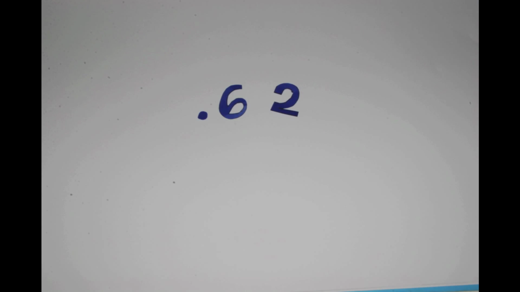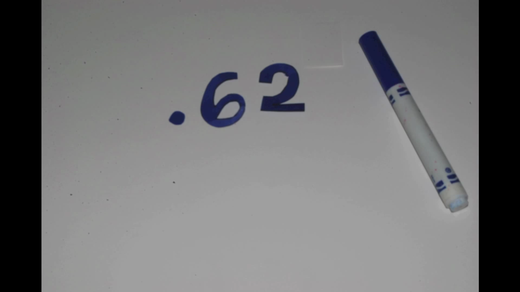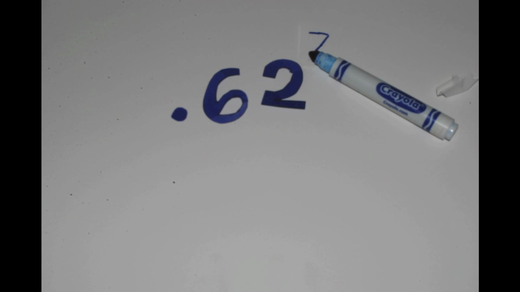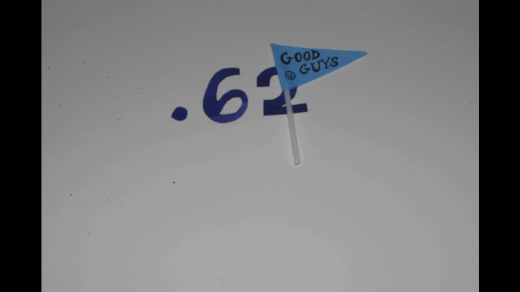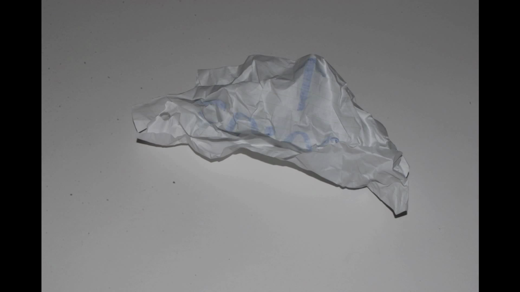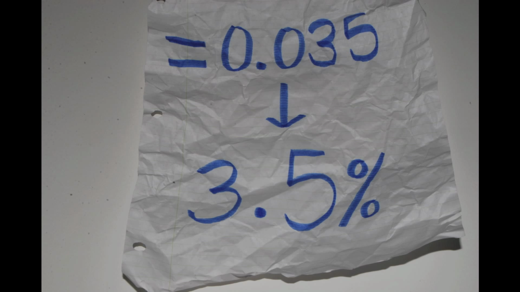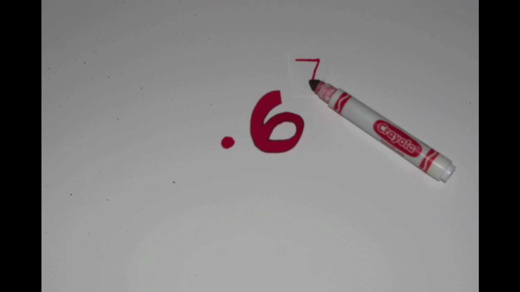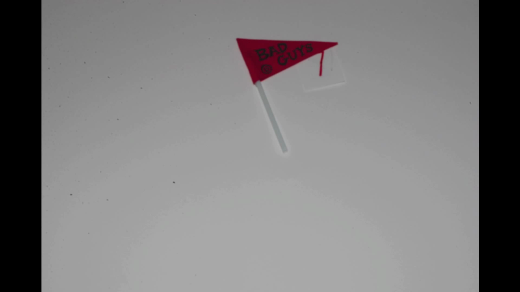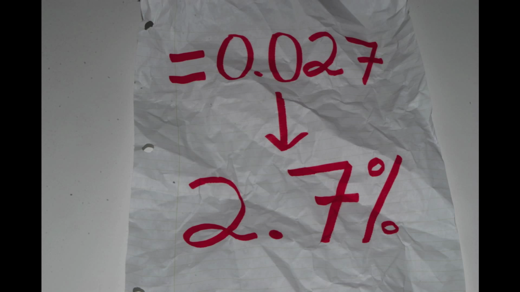To find the probability of all wins, we need to multiply the winning probability 7 times itself, or to the 7th power. This would give us a probability of 3.5% for the good guys. And when we do the same process for the bad guys, it will give us 2.7%.